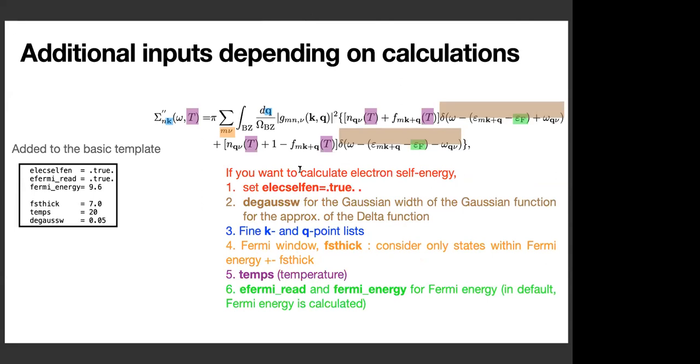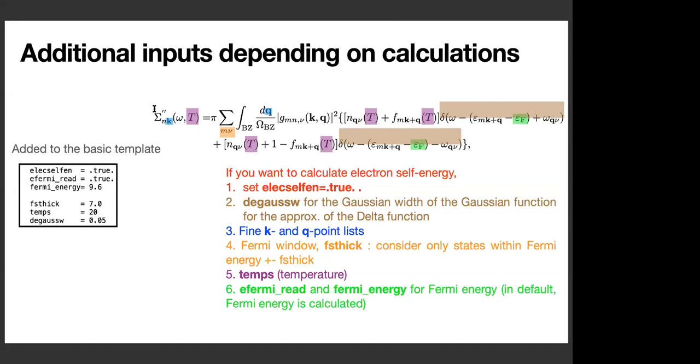Lastly, if we want to calculate the electron self-energy, in this case, as you can see from this expression, first, you need to add this input keyword and set it to true. And also, since this expression also includes the delta function, you need to add the Gauss W input keyword. And also, this expression needs the k-point evaluation and q-point integration, so you need to add the k and q point lists.